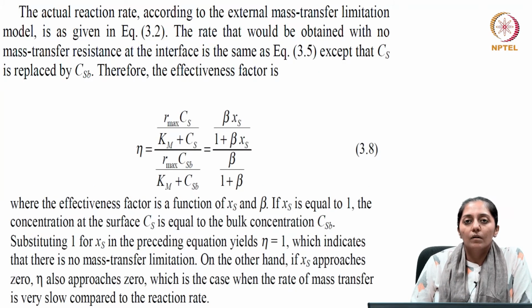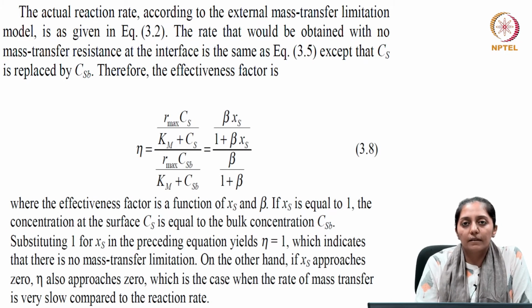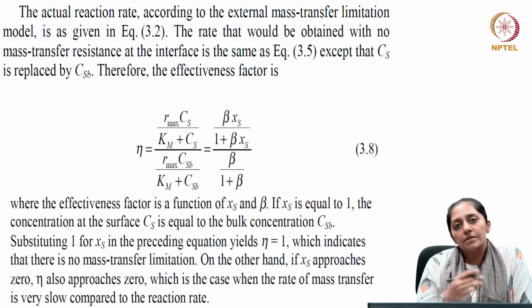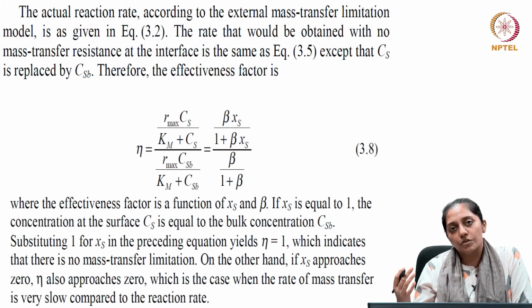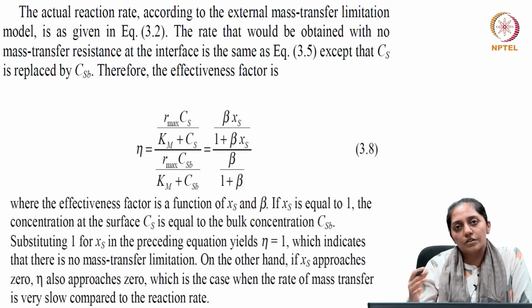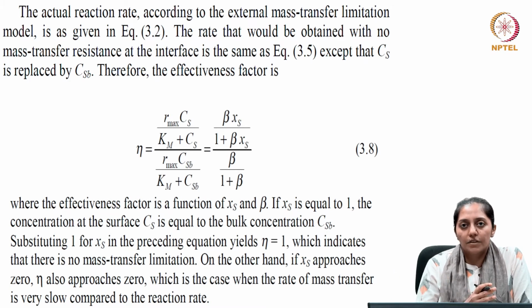So, in immobilized enzyme systems which are following Michaelis-Menten, what does this mean? If it is following the Michaelis-Menten equation and in actual conditions there is some substrate which reaches, due to the diffusion limitations and the resistance of the boundary layer, there is a substrate concentration CS which is different from the bulk substrate concentration.